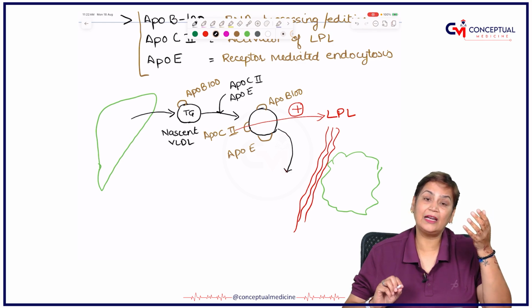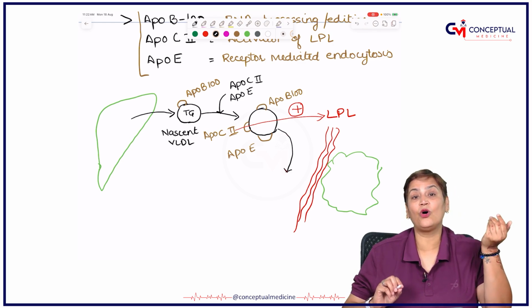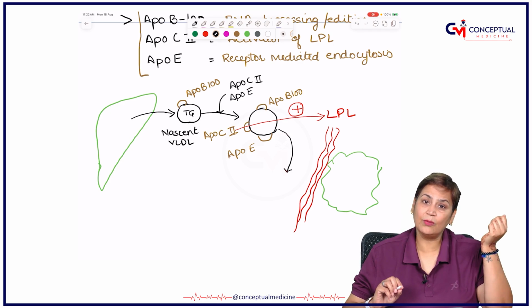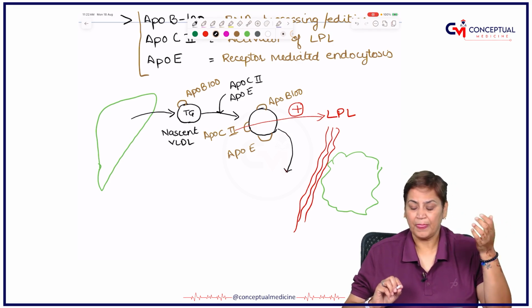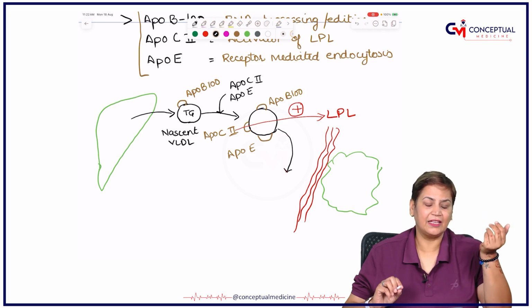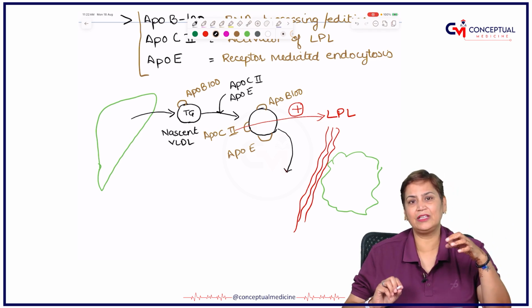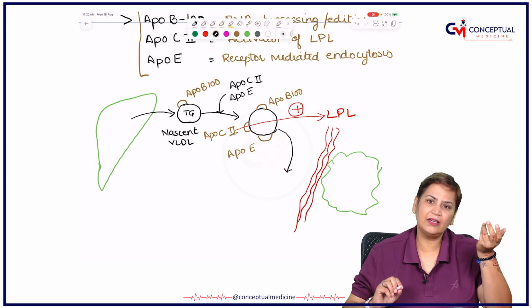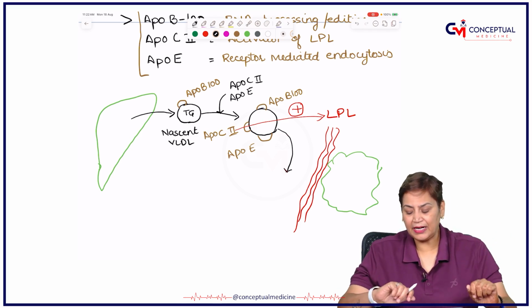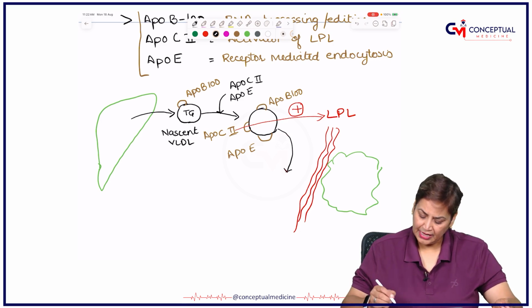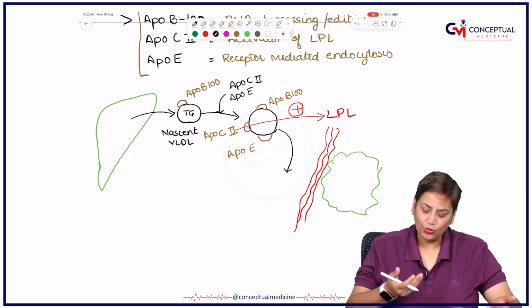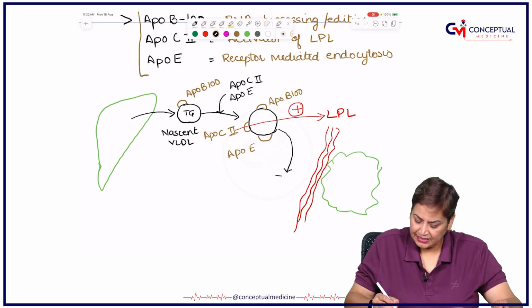And we all know that these fatty acids will undergo oxidation to give energy to the body during fasting or starvation. And whenever the body is in the fed state, this fatty acid will combine with glycerol to form a fat or the TGs. And depending upon the proportion of this, they are designed like that. Okay. So LPL is going to take these TGs.